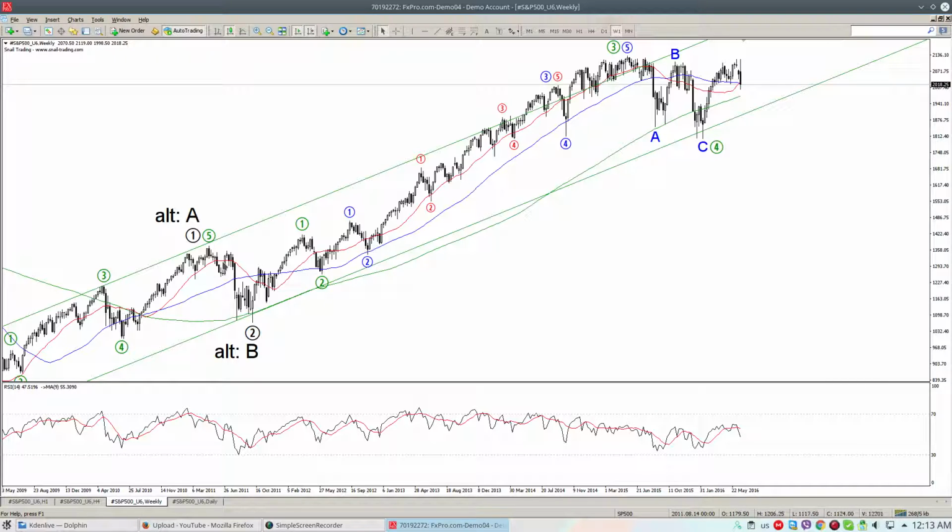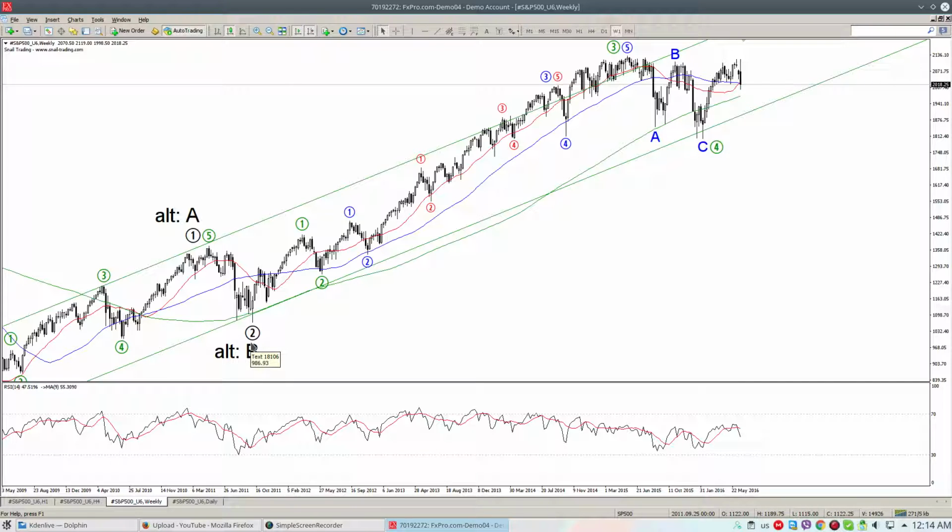The other scenario would be that this is wave 1, 2, wave 3 ended here, and we're looking for a larger correction to the downside, possibly below this level, and then another rally for a 5th wave.